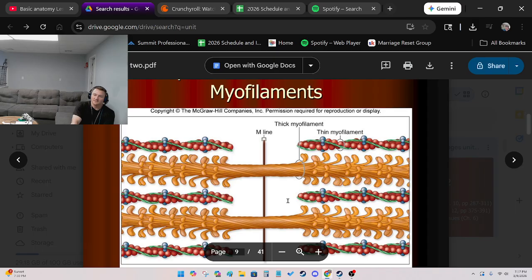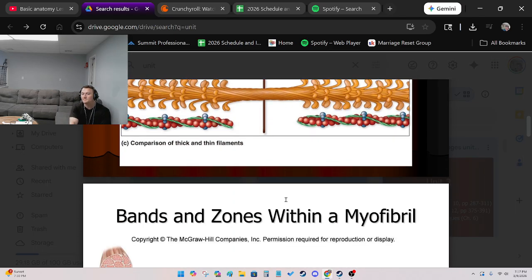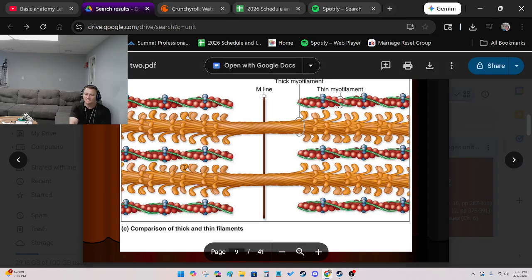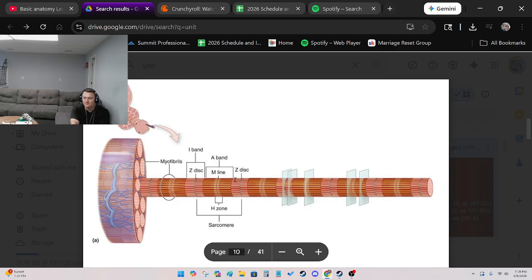We're going to take another look at the actin and myosin, thick and thin filaments here. The way that they work, they sort of rotate and corkscrew in towards each other. The M line is where they would potentially meet during full contraction. There you go.